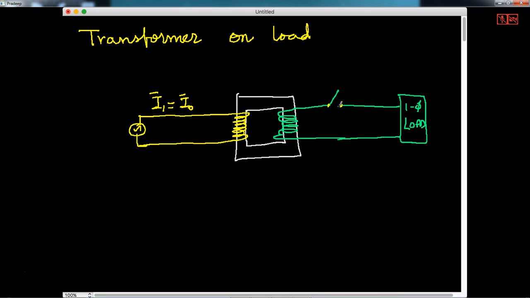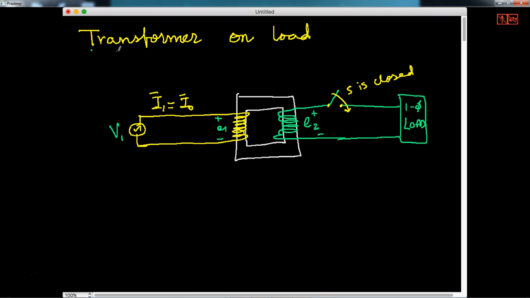Now, when the switch is closed, so I close the switch. So initially there is an EMF E2 here, plus minus, and there is an induced EMF E1 here, plus minus. The magnitude of E1 and E2 are determined by the number of turns. Of course, V1 is equal to E1 because I am not considering any voltage drop in the primary at this stage.